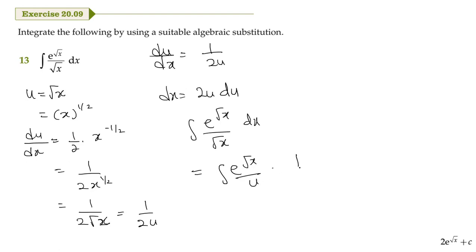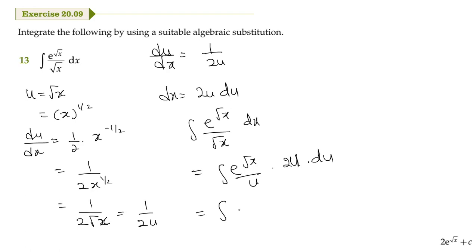Therefore, 2u times du. Is there anything we can simplify? Yes, this u you might cancel out with the u here.